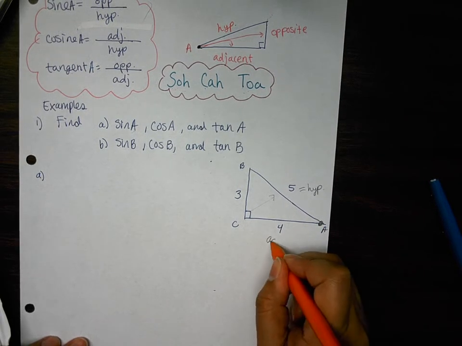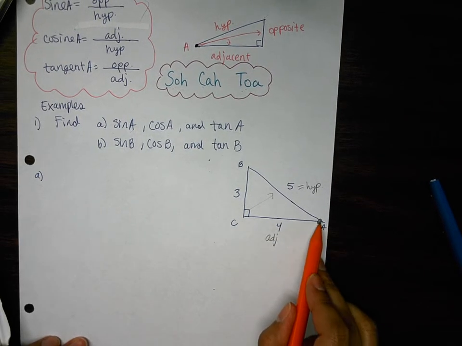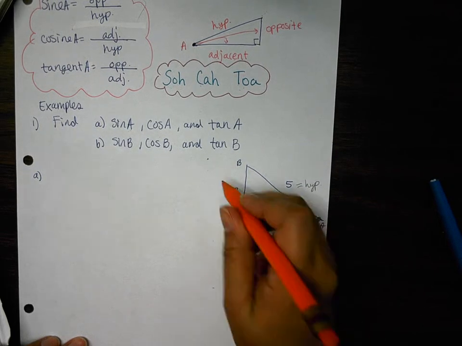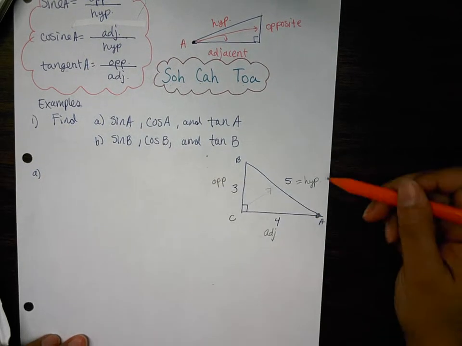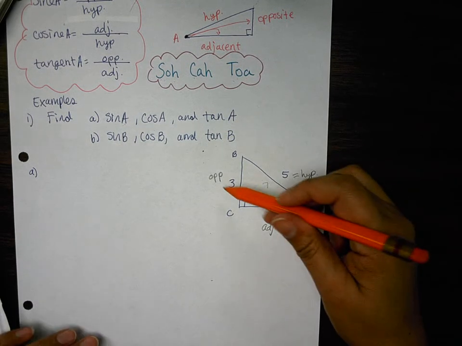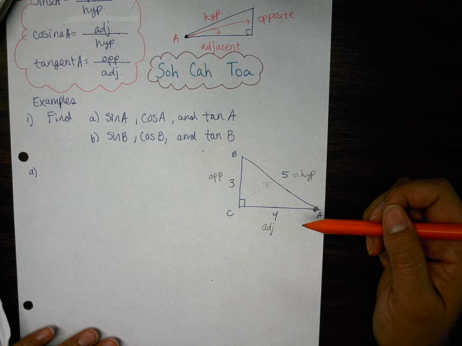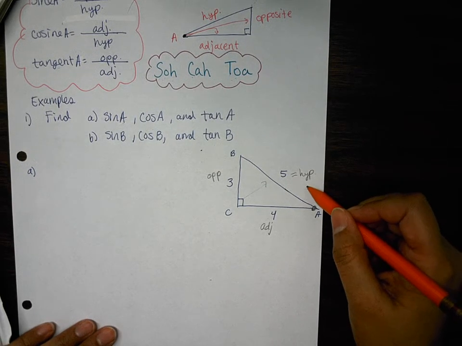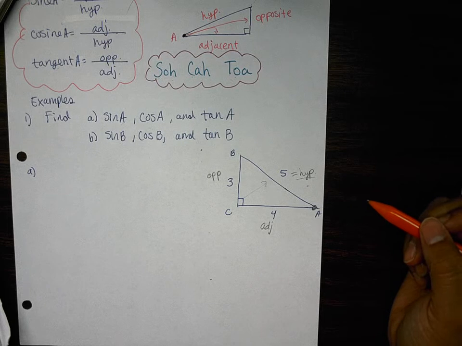Adjacent. Sitting here at the A, what is the 3? Opposite or adjacent? Okay, so label your hypotenuse first, and then your opposite, adjacent. The order in which you label those doesn't matter. Remember, kids will say, well, this is also adjacent. Yes, it is, but it has a special name, and it's called the hypotenuse.